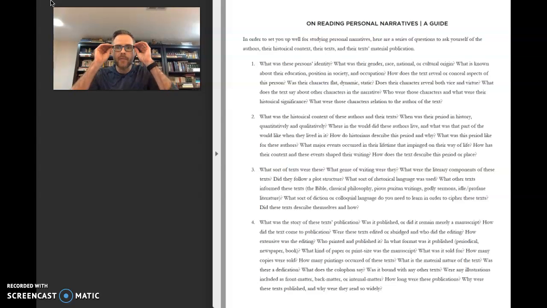If you happen to have a print or bound copy of the text that you don't mind marking up, I would encourage you to take a pen or a pencil and use it to underline, to circle, to star, to add marginalia questions or comments in the text.